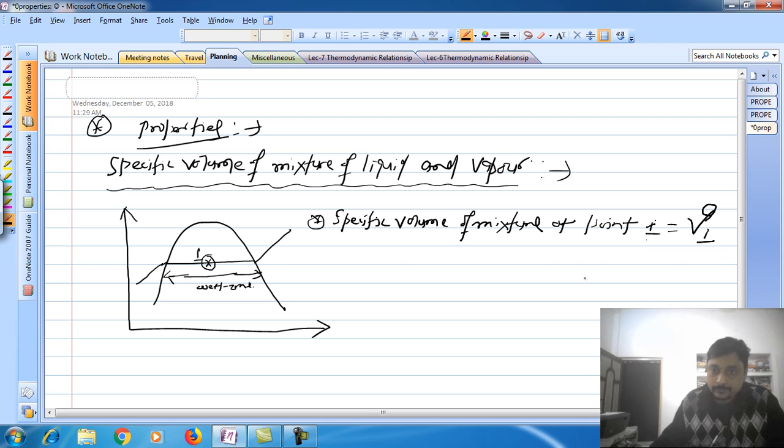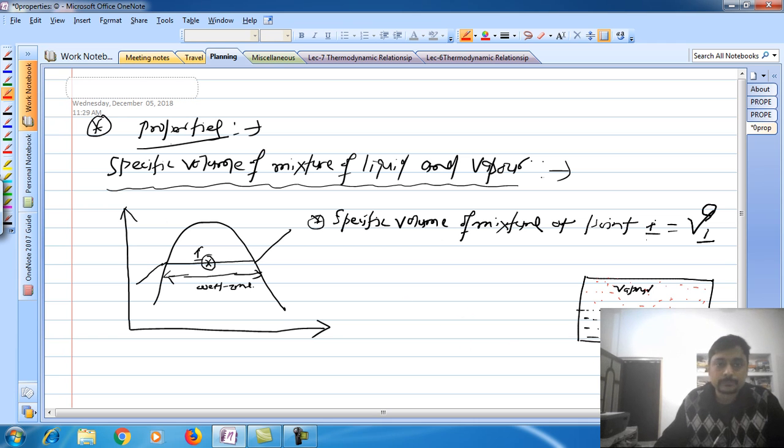So let us suppose this is a container. Since at point 1, it consists of a liquid part and a vapor part, the liquid part will be at the bottom and the vapor part will be in the upper zone. This is the vapor part, and this is the liquid part, right?